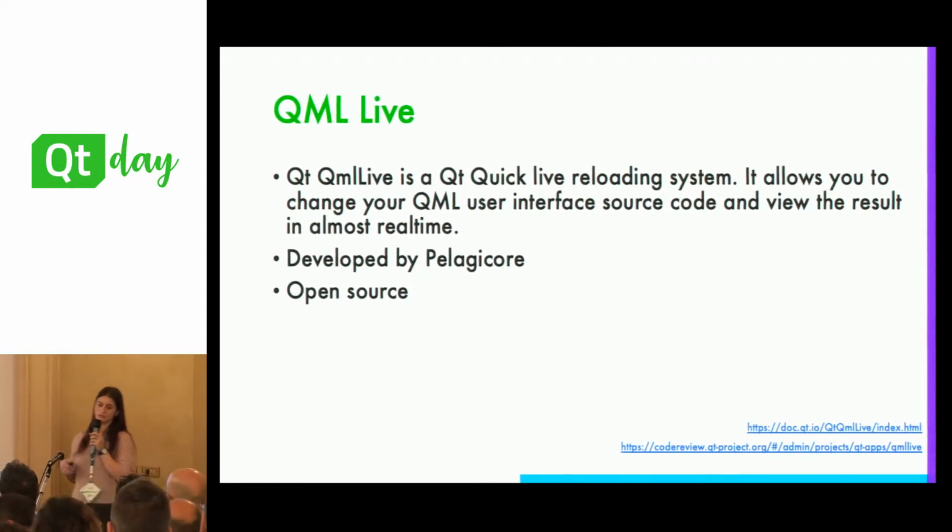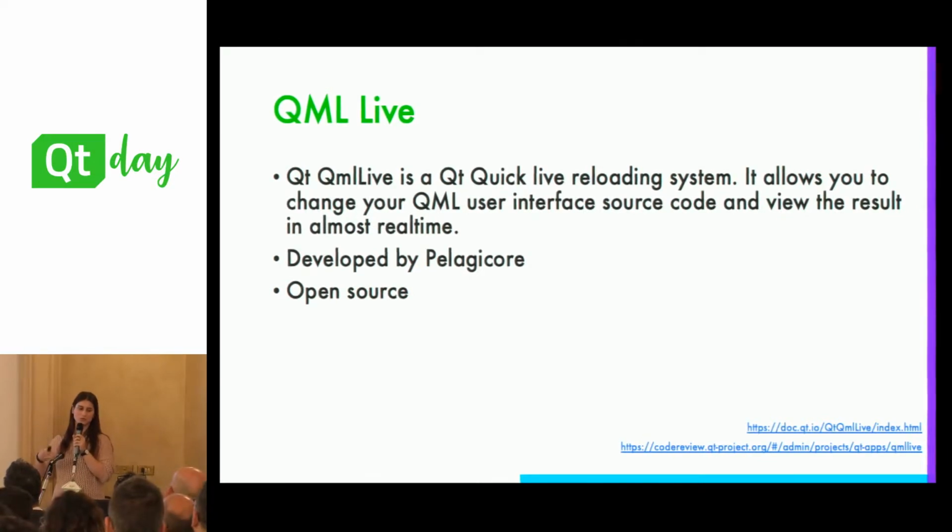So technically that means that we can work on a QML document in our Qt Creator and have QML Live next to it, having the same document loaded there, and we can basically change the color, for instance, and save the document in Qt Creator, and we will see it reflected immediately. So that really speeds up UI development, and again, when it comes to designers, that's really fast iterations. That's developed by Pelagicor, and it's open source.